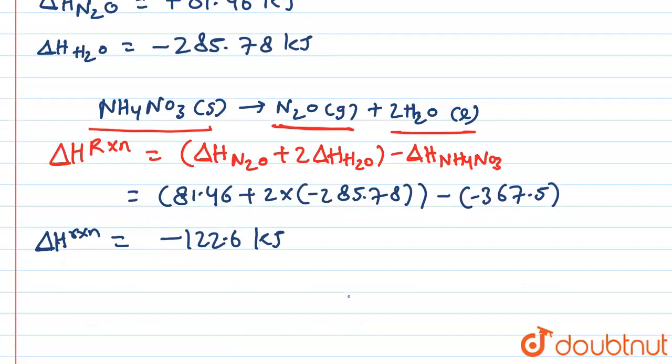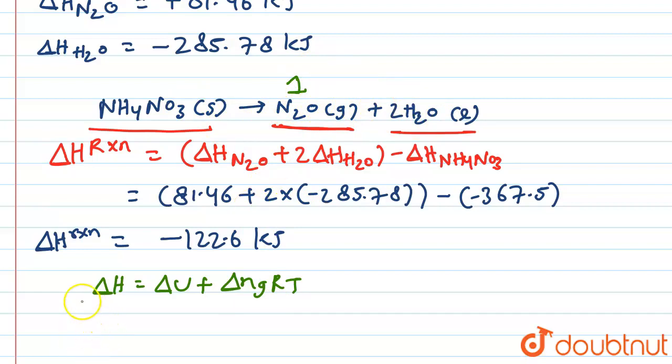Now, in thermodynamics, we have a relation between delta H and delta U, and it is given as delta H is equals to delta U plus delta Ng times RT, where delta Ng is the change in the gaseous moles in the reaction. I have told you earlier that in this reaction the change will be 1, because here we have 1 mole of the N2O gas and the rest of the components are liquid.